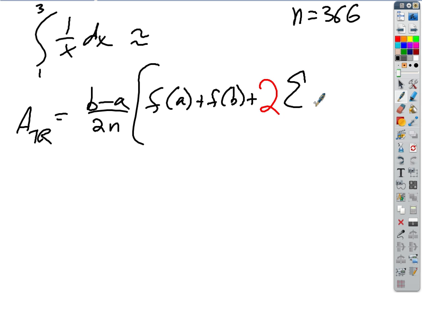I should write it in terms of a. The sum of f of x sub i, which is just going to be a plus i delta x, from i equals 1 up to what?